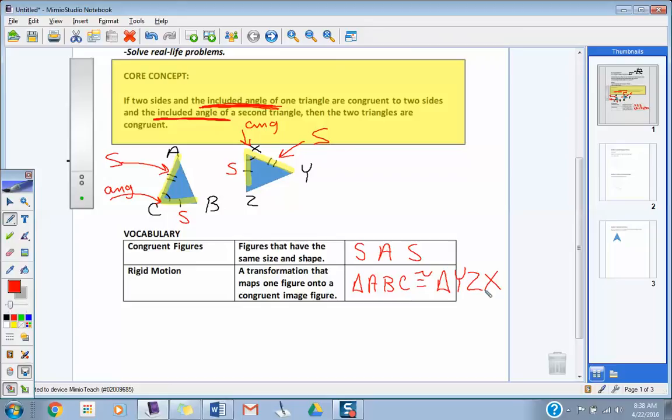So the core concept, or the big idea today that we're discussing, is we can show that triangles are the same triangle by what theorem? What congruency? Side, angle, side. Understanding that the angle we're talking about is the angle included or between the two sides that we are pairing up. Cool with that? Okay.